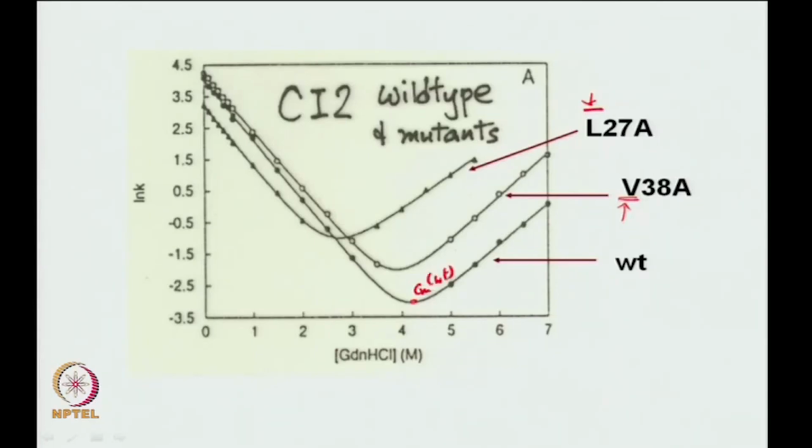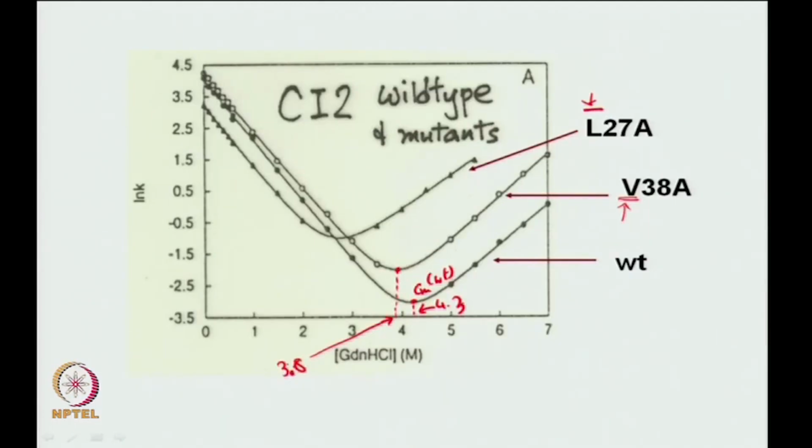Now, when you have gone to this mutant V38A, what has happened to the Cm? It has decreased. That means this is the new Cm now. So, if this Cm was say 4.3, this Cm would say be 3.8 molar guanidine hydrochloride. Then as a result of the mutation, what has happened to the protein?